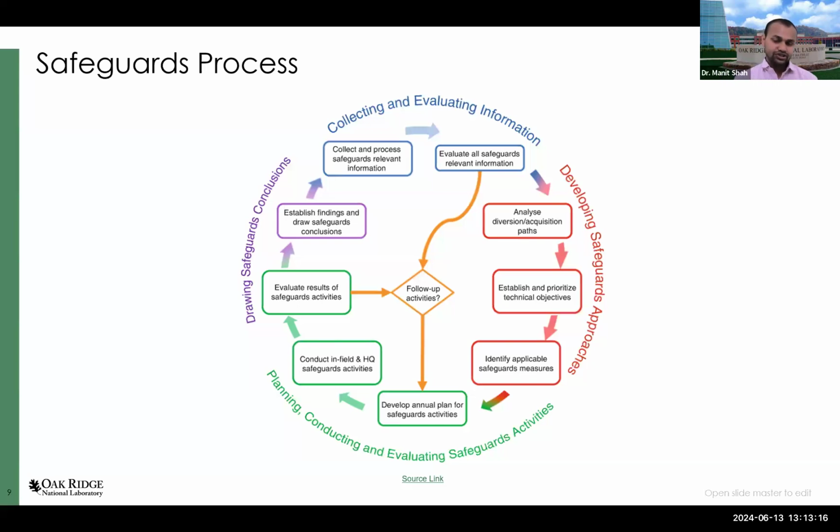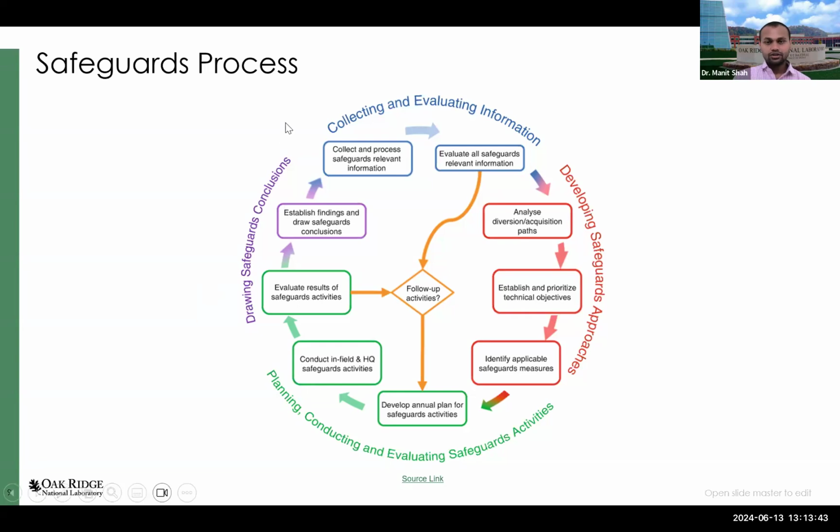Based on that, they apply measures in the subsequent year, do verification activities, and collect other information. Again, at the end of the year, they assess all of this information to draw a conclusion about the success of the safeguard measures.